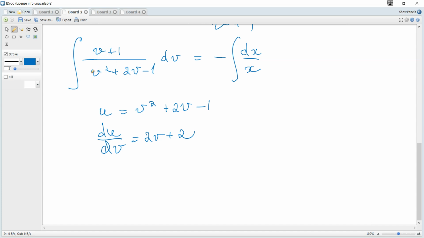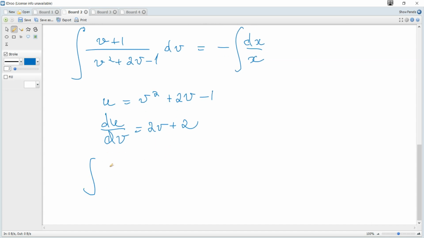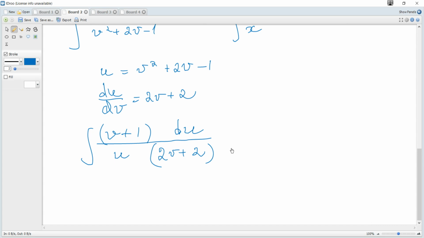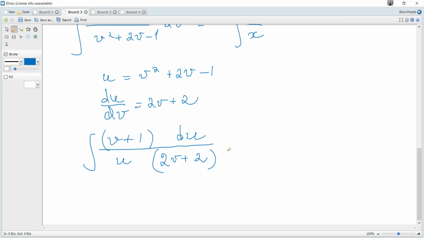We check v squared plus 2v minus 1, du over dv is 2v plus 2, hence it becomes v plus 1, it's just u, and dv, oh actually it seems that it works, dv is what, du over 2v plus 2, and you can see that it's just a half, 1 over u du.